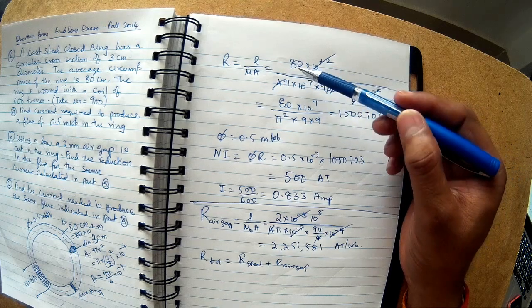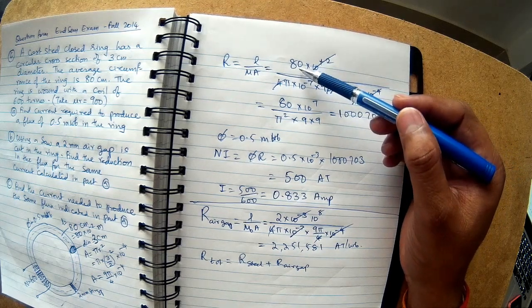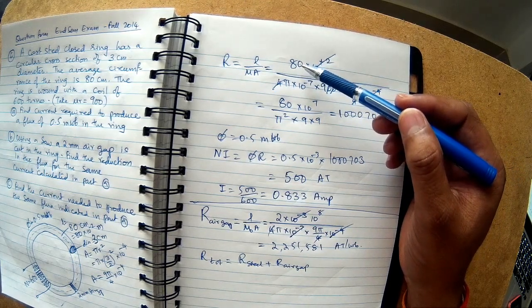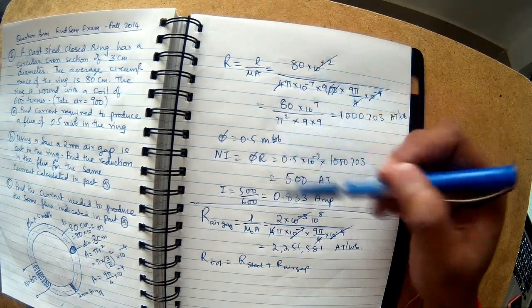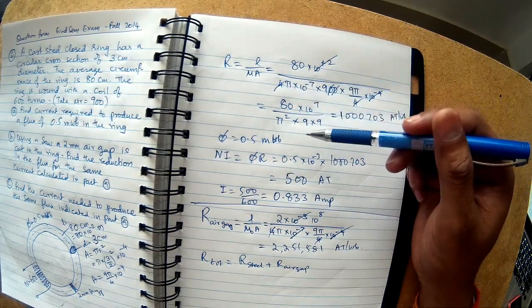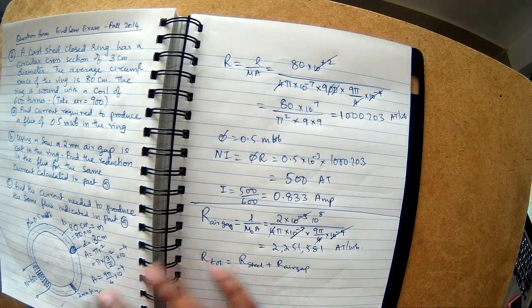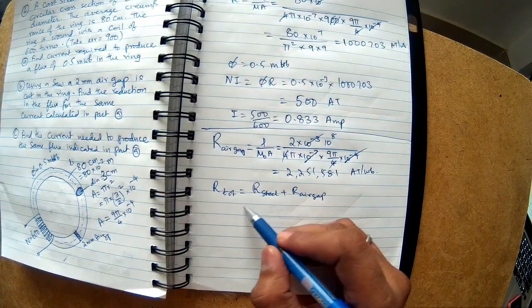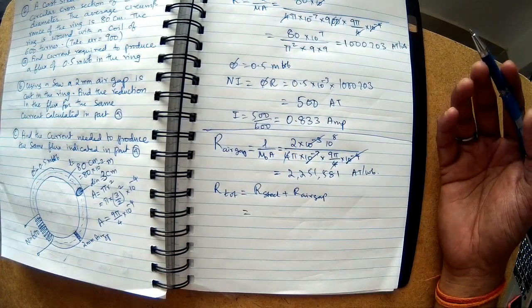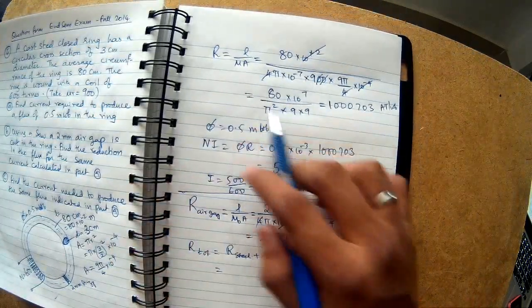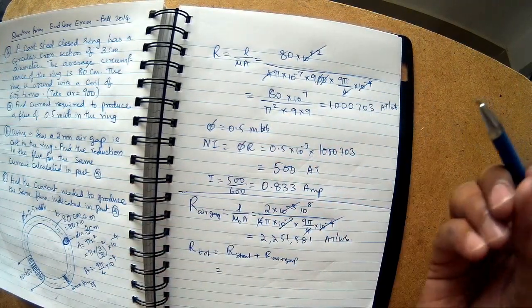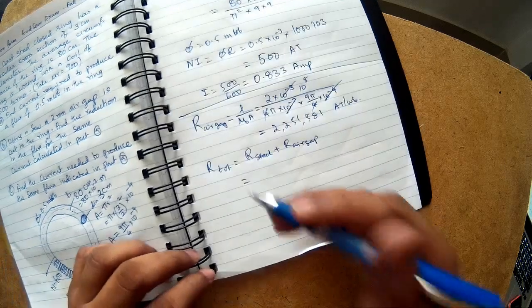But considering the numbers in 80 centimeters, if I reduce 2 mm, it is a significantly smaller number. So to avoid recalculating everything, I am just taking the old value itself. Otherwise you can always recalculate this number and reduce it by 2 mm, but I am just using the same value.